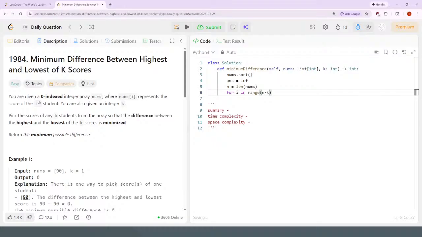So if k is 1 and n is 1, then it should be 1. I think it's n minus k plus 1 actually. Is that right? n is 1, k is 1. Yeah, I think it should be n minus k plus 1.